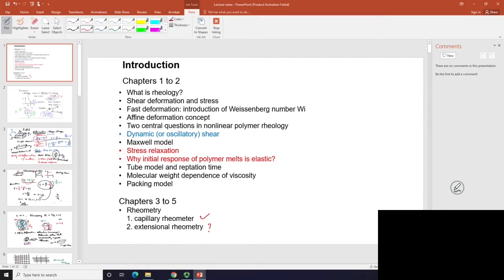Most of what I'm going to say is in chapter 3. Chapter 4 and 5 were just a little bit of a diversion from it, which we will cover when the need arises.